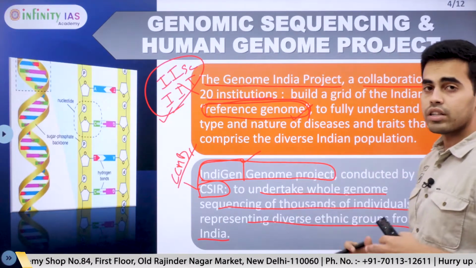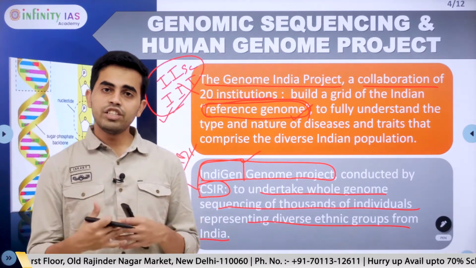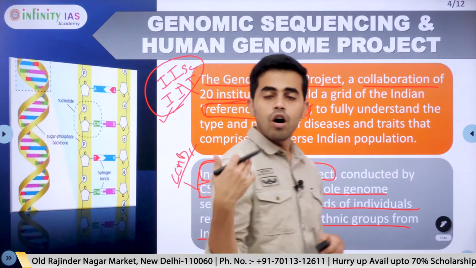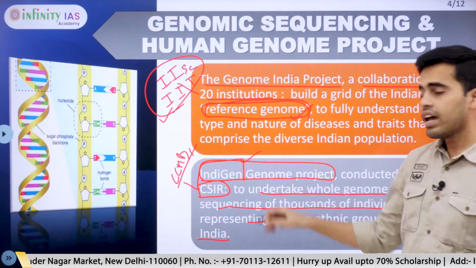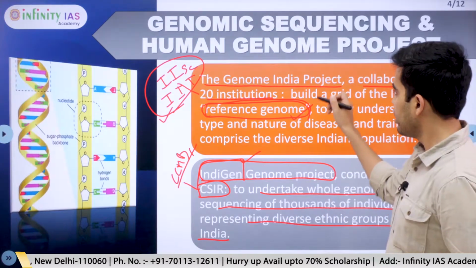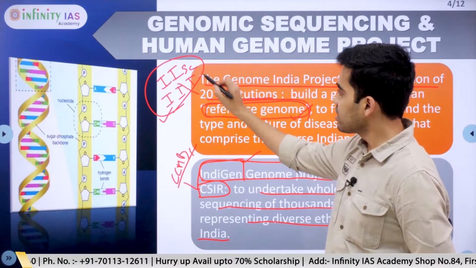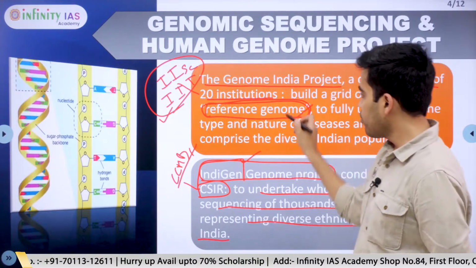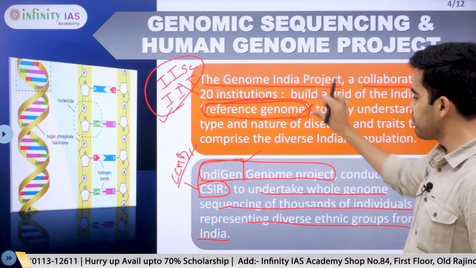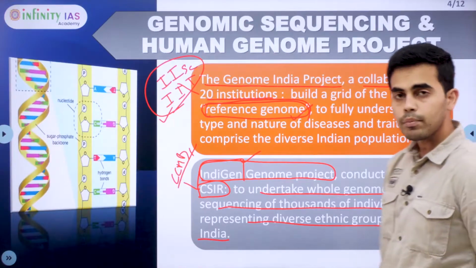Basically, they have taken up sequencing the genomes of different races or populations in the Indian subcontinent. So we need to know the differences between these two projects, the institutions involved, and their primary aims for examination purposes.